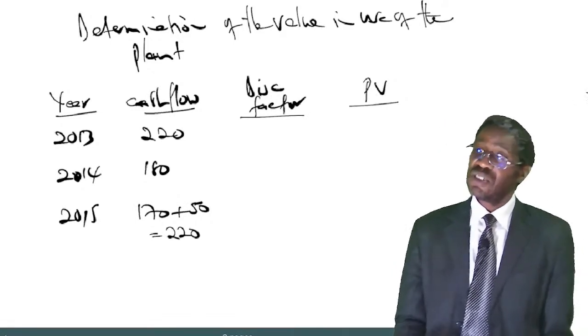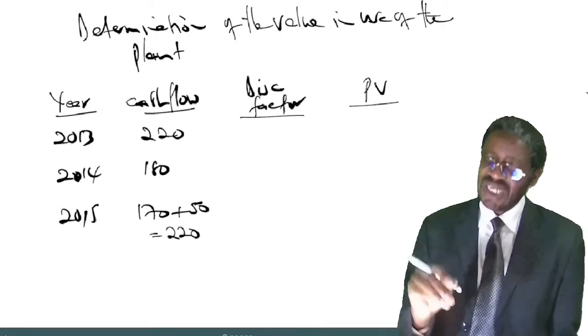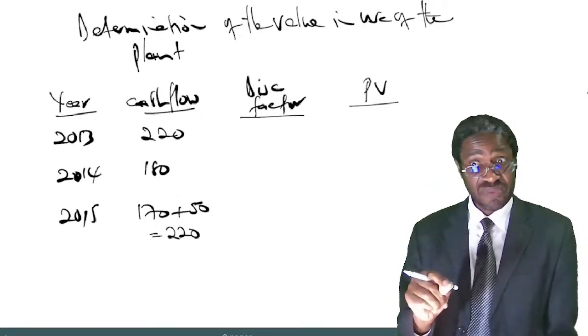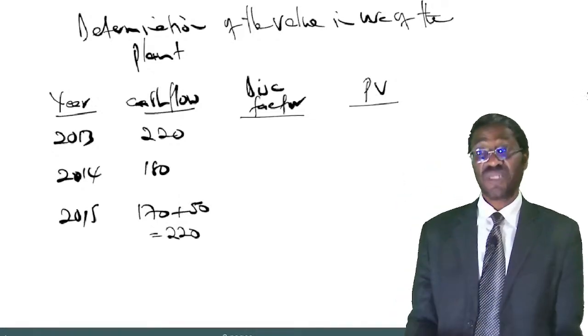Part B1, that was the only small trick, because the examiner wanted to see whether you will remember the components of the cash flows that should be discounted.